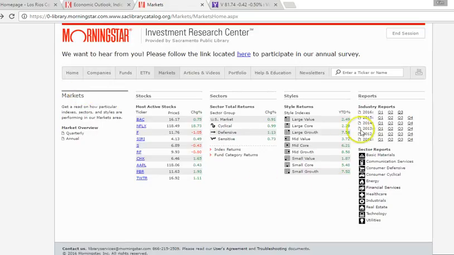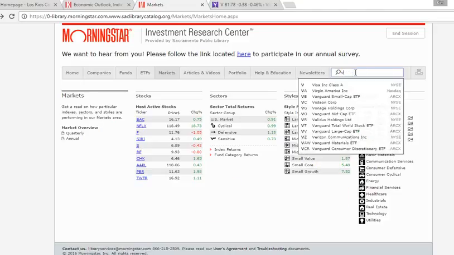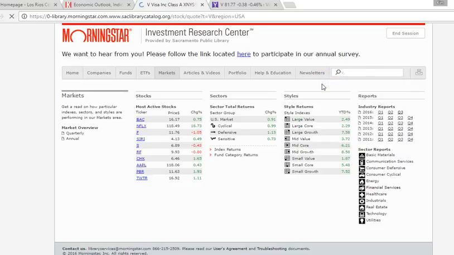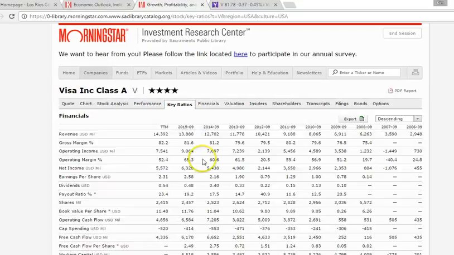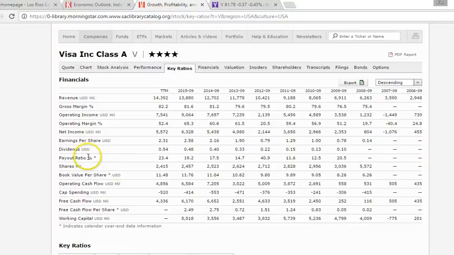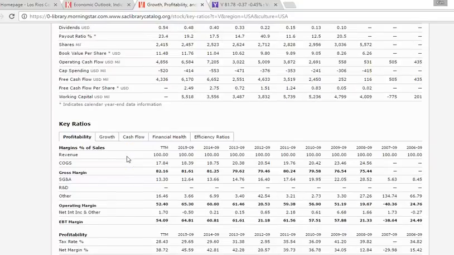Okay, so in addition to those bits of information, what I particularly like, and this actually seems like cheating a little bit, is I can type in Visa in here in the search box, and it has everything I need to evaluate a stock. It even has performance figures, key ratios, so I could go on here and find key ratios, payout ratio.